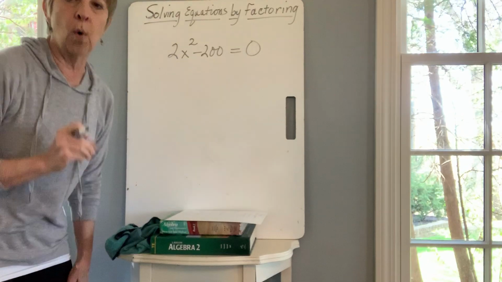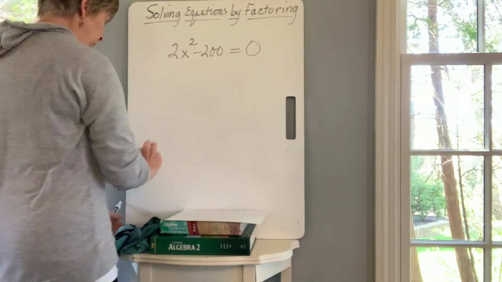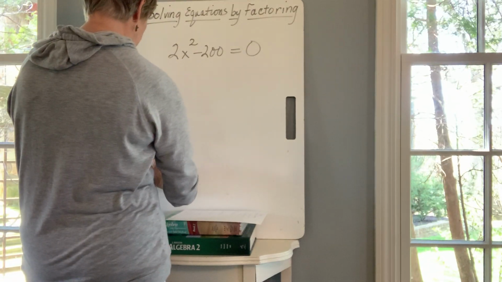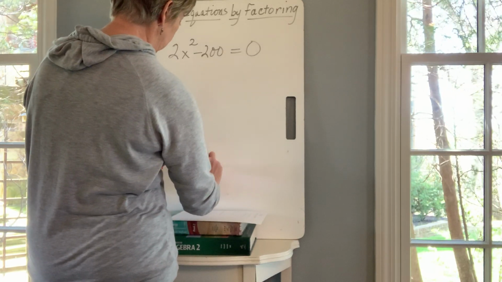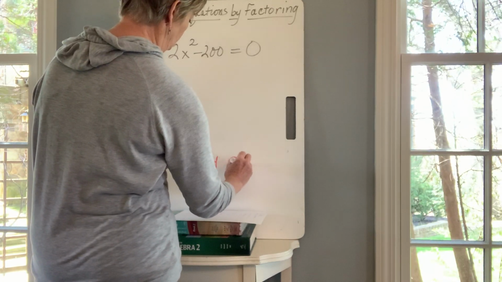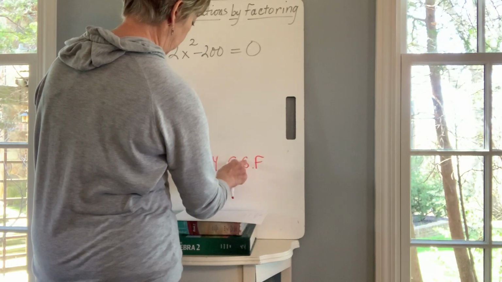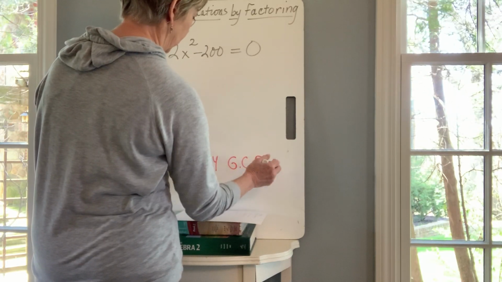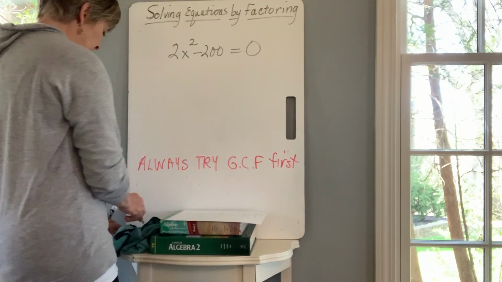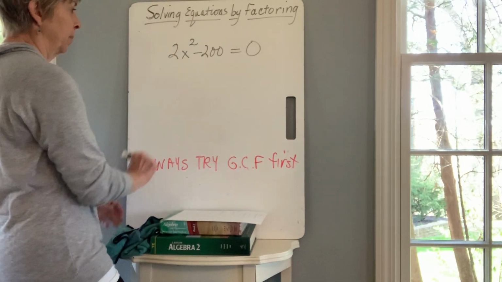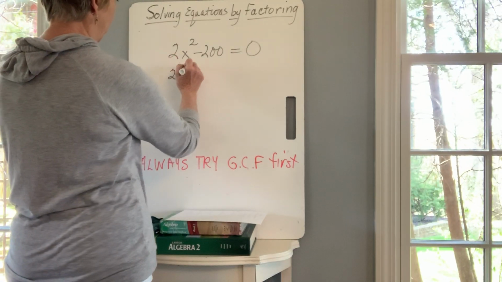Okay, so what do you always try to do first? GCF. GCF first. So can I take a GCF out of here? It makes life way easier. Yep, I can take a 2 out.